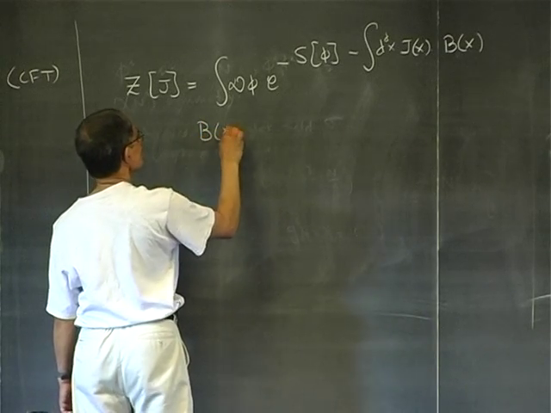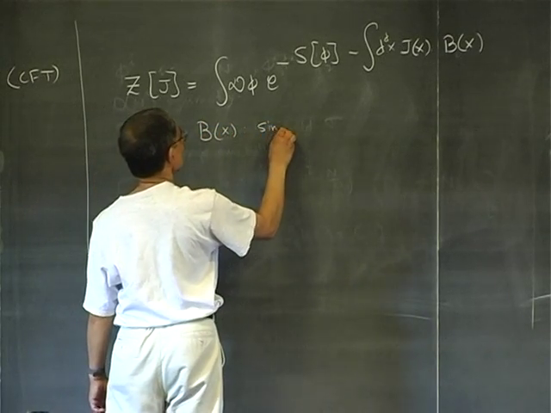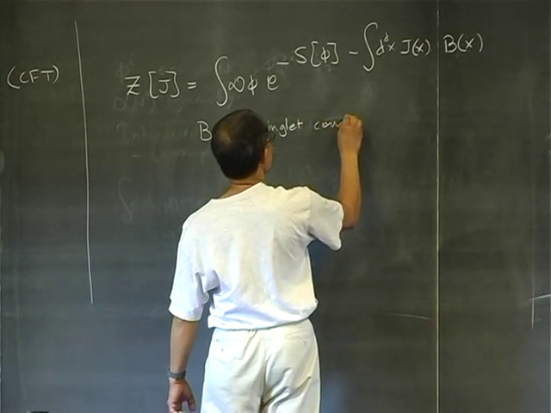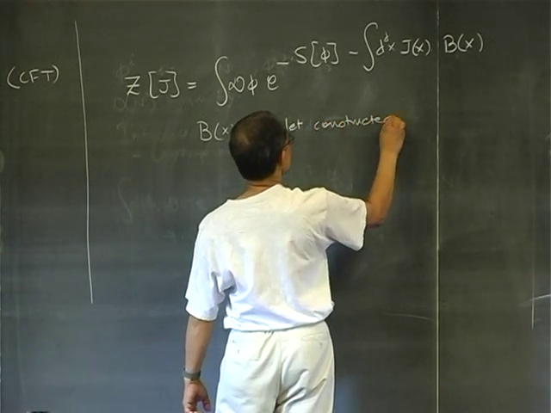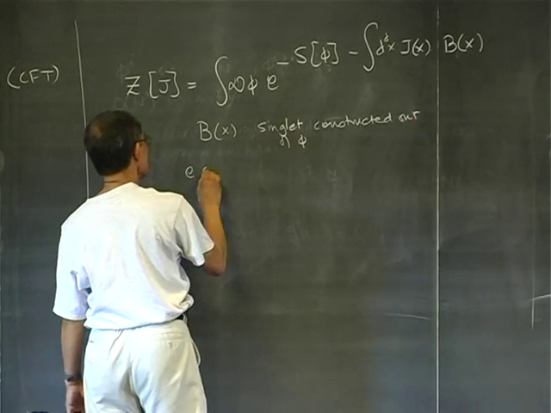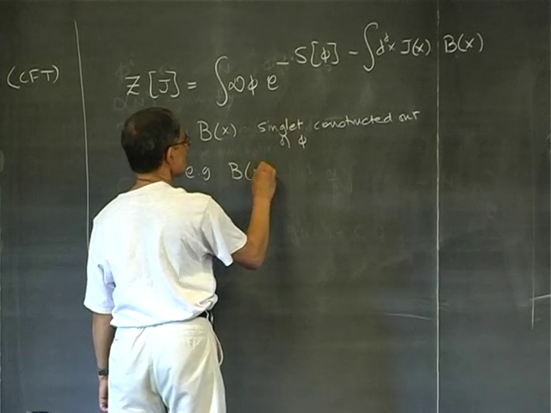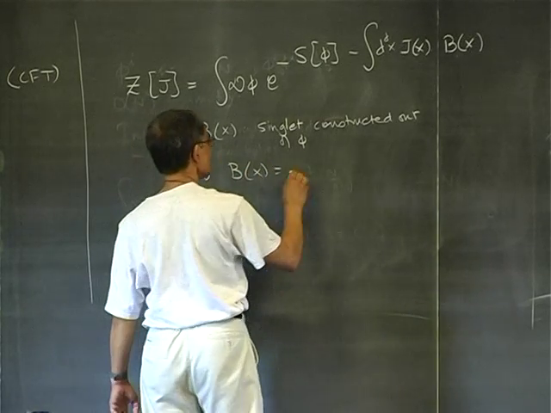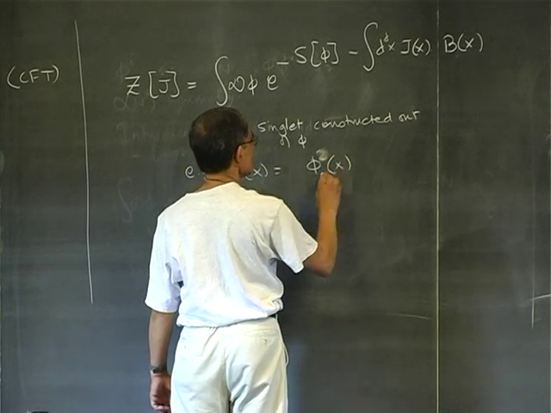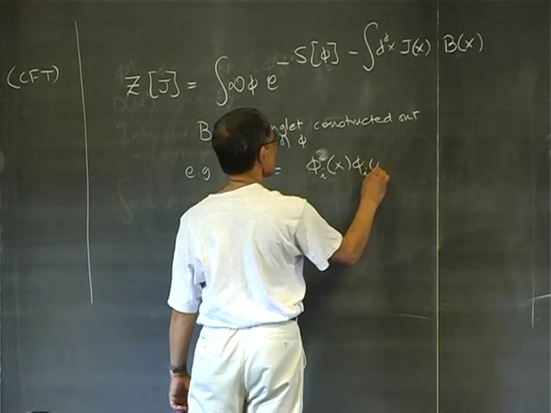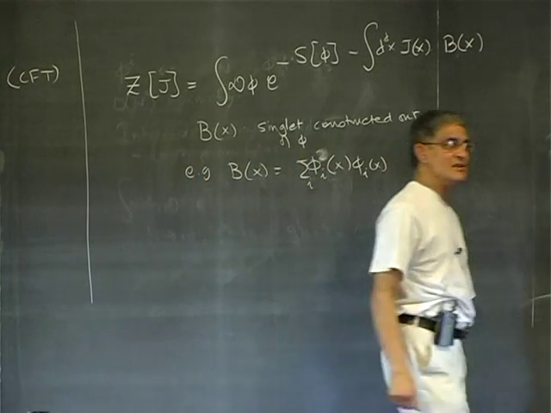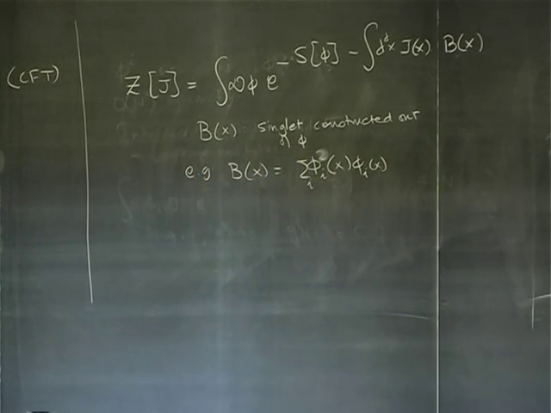B of x is a singlet operator constructed out of phi. For example, I can take B of x to be phi I of x, phi I of x, because of the sum upon I, this is invariant under the ON symmetry transformations.